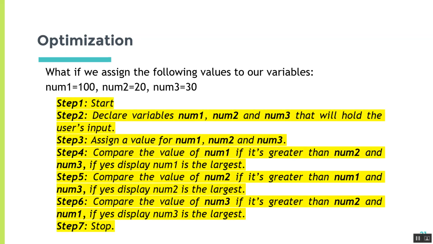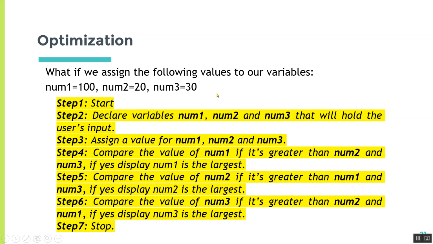So if we look at this algorithm, again, declare num1, num2, and num3 that will hold the user's input. Then step 3, assign a value for num1, num2, and num3. Actually, these three numbers are already assigned from our problem: num1 is 100, num2 is 20, num3 is 30.